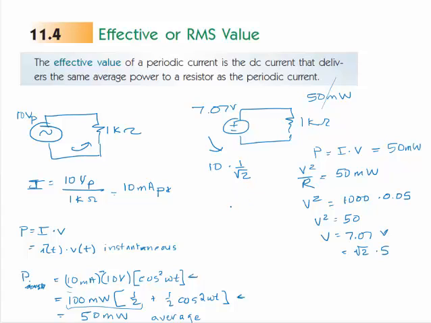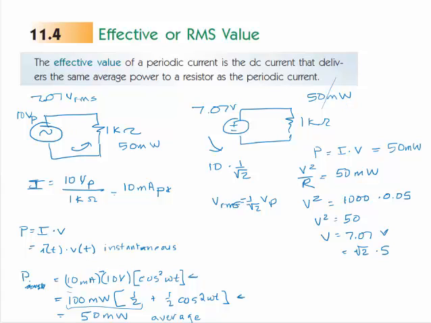Remember that VRMS equals 1 over square root of 2 times V peak. So the point is that a 10 volt peak AC signal, which is 7.07 volts RMS, will dissipate 50 milliwatts of power, and that's exactly the same as a 7.07 volt DC circuit dissipating 50 milliwatts of power.